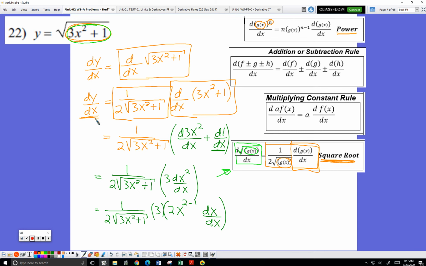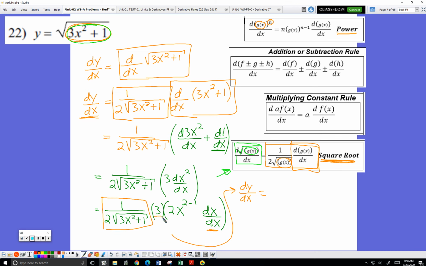Okay. We're pretty much done. Just kind of put it all together because remember this is equal to 1. So we end up with, now I'm going to cheat a little bit because I've run out of board space, but your paper keeps going. So I end up with dy dx equals, remember, you have a fraction.